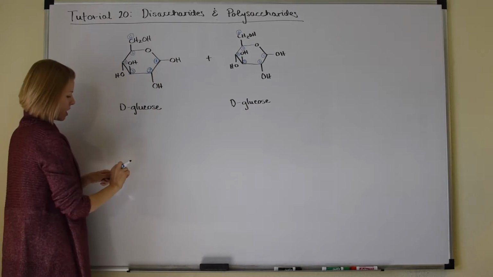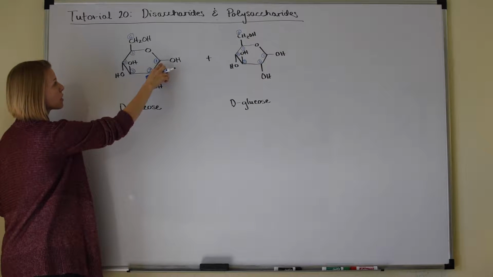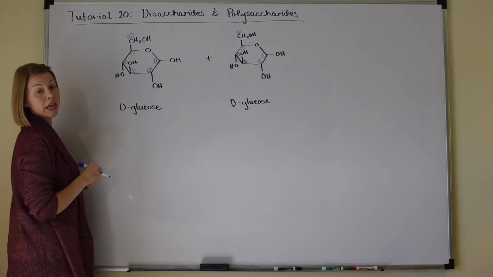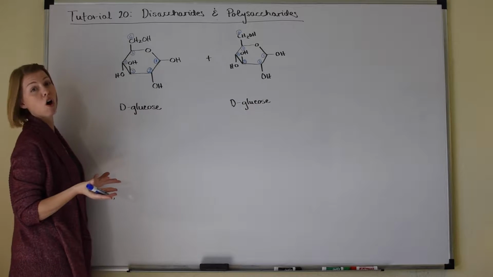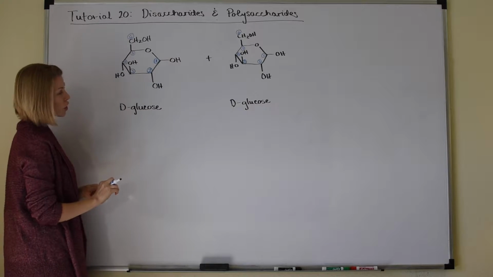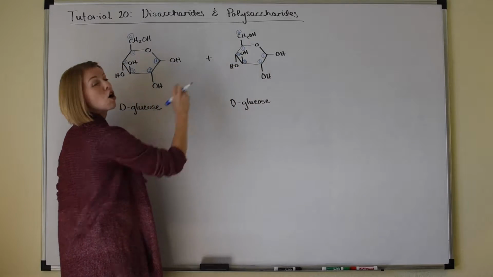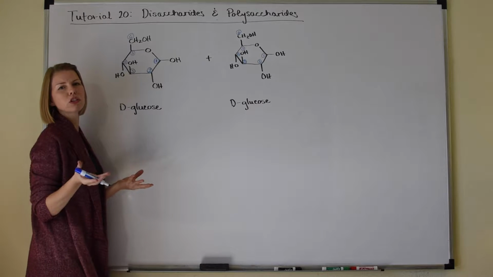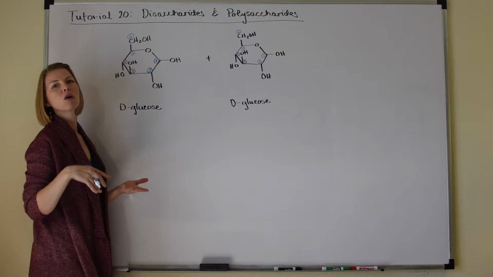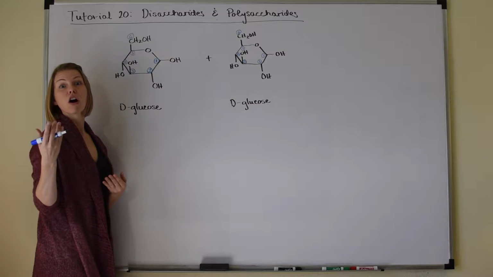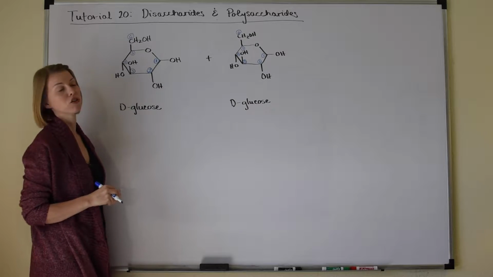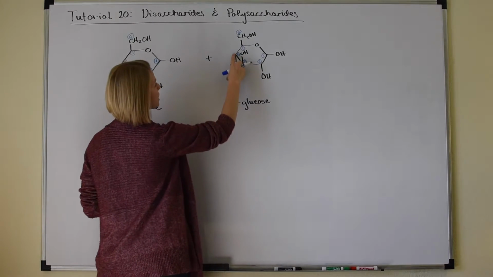Okay. So the hemiacetal carbon can really react with any of these alcohol functional groups. We're just going to show it reacting with the alcohol off of carbon 4 because that's really the most common reaction we're going to be seeing when we're looking at our more common disaccharides and polysaccharides. Okay, so we're going to show the reaction with this alcohol here.